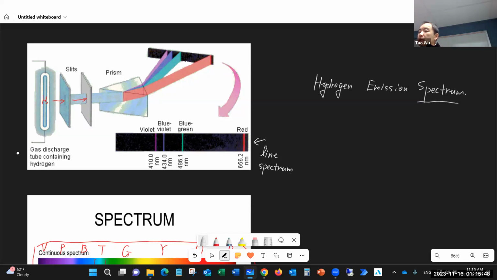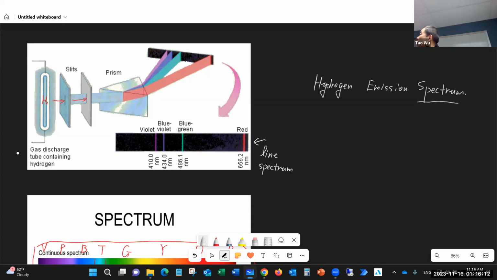Not a continuous one. And in the 1800s, people could measure the wavelength of each of the lights, based on the travel speed when they go through the prism. So they could calculate the wavelength for each line.